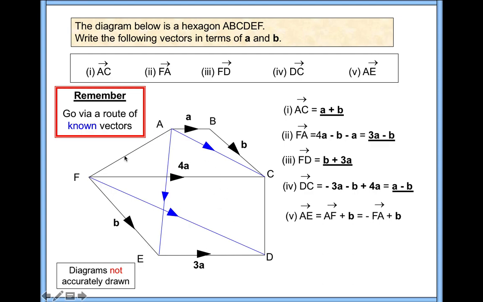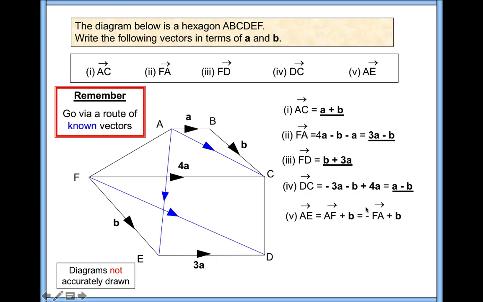Vector AF. What is vector AF, students? You found out vector FA, right? See, they have asked you vector FA. You found out vector FA. With reference to vector FA, vector AF is in the opposite direction. So, vector FA is 3A minus B. So, vector AF will be negative of vector FA.